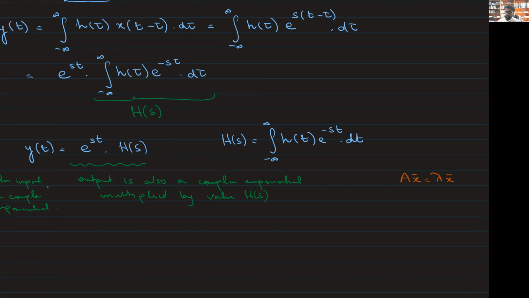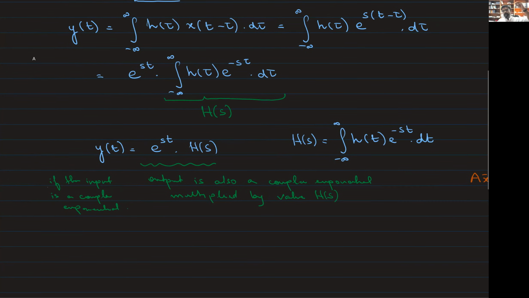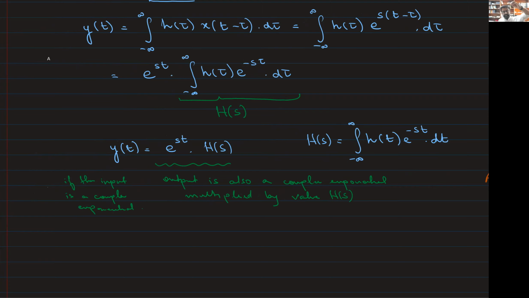Just like that, what we've noticed here is if the input to an LTI system is e raised to power st, the output is also of the form e raised to power st, except that it is now multiplied by some constant, right?